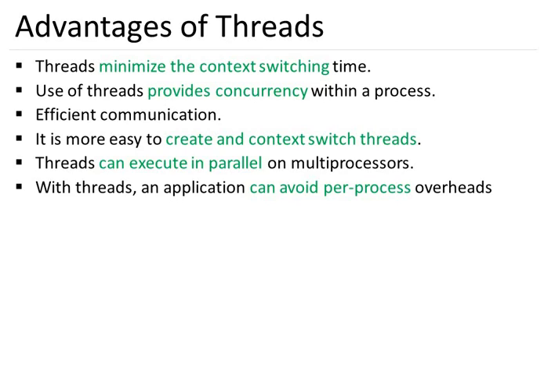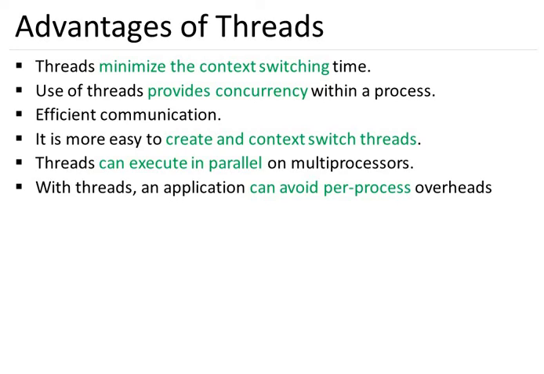With threads, an application can avoid per-process overhead. For example, if I create 3 child processes instead of 3 threads, there will be a lot of overhead compared to 3 threads.